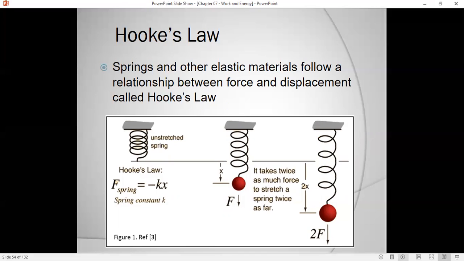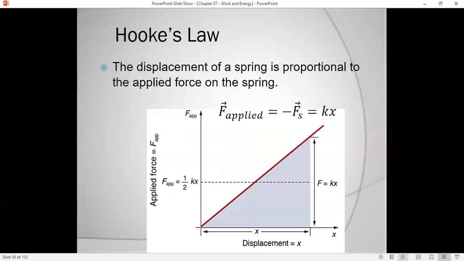Here's an example. Hooke's law. This will become important when we talk about the potential energy due to elastic objects. In Hooke's law, the force is proportional to the spring constant times x, the displacement, which means the force will depend on displacement. Oh, okay, here's one of these varying forces. It's nice, however, because when I graph this, the force of the spring is linear with respect to displacement.